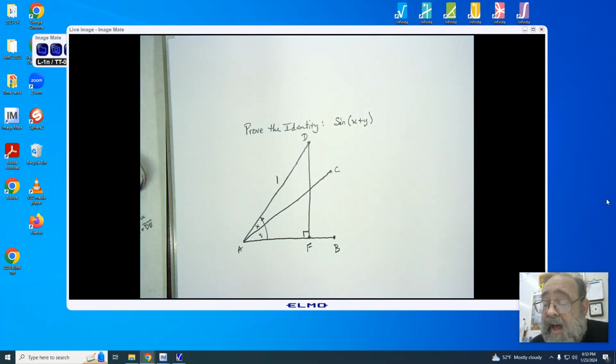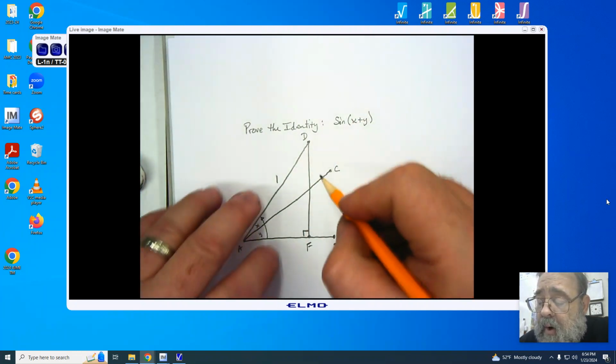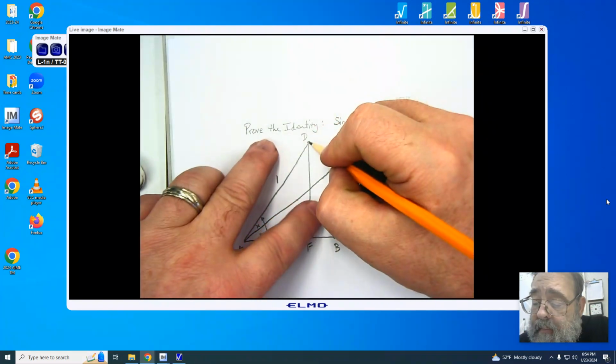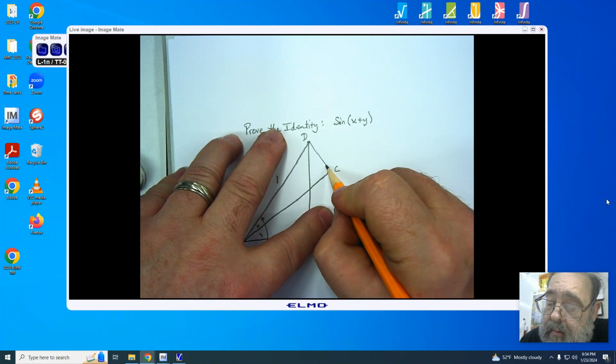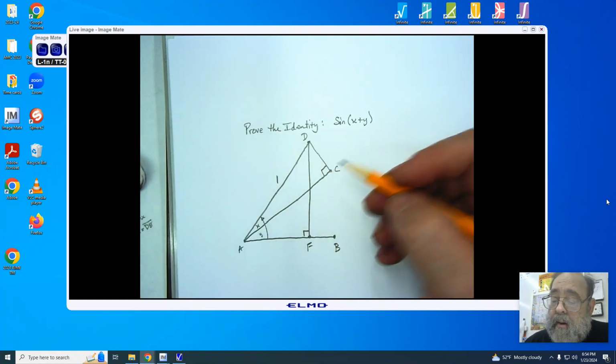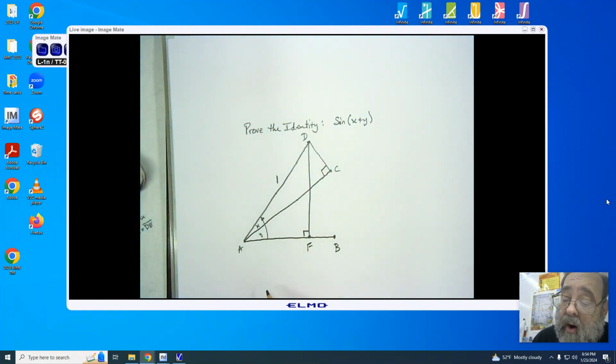Now, once I have that, I need to draw another line, and I'm going to draw a right triangle right here. Okay? Now, you'll notice I now have two right triangles.